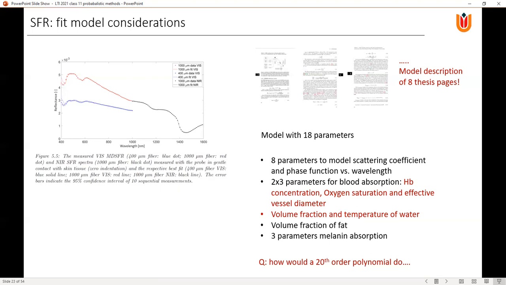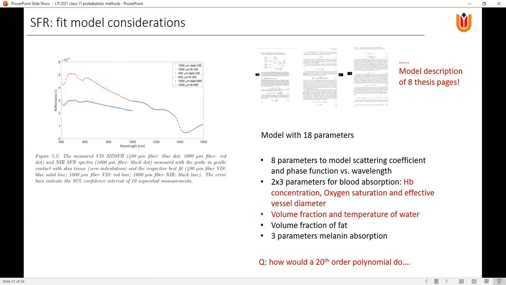And in most tissues there is some finite fat component, which has an absorption coefficient which you need to take into account. And then there's 3 forms of melanin that also need to be taken into account for different skin types. So that is an additional 3.